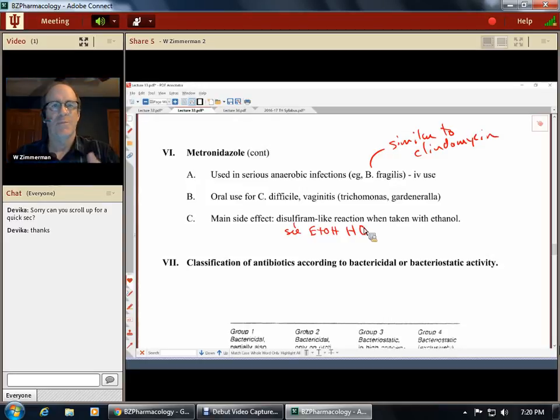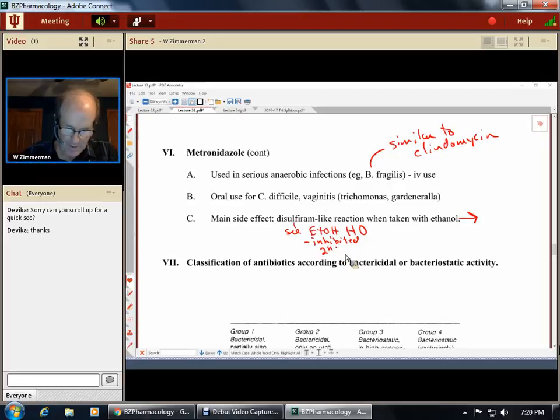Well, in some patients, not everybody, there's a disulfiram-like reaction when metronidazole is taken with ethanol. With disulfiram, this drug inhibited the second step in alcohol metabolism, and you get the buildup of the acetaldehyde. Well, somebody that is on metronidazole, they'll take ethanol, and it'll lead to lots of nausea and vomiting.